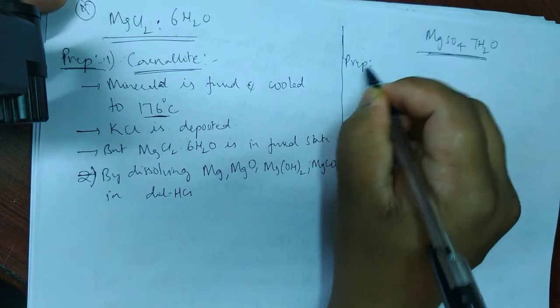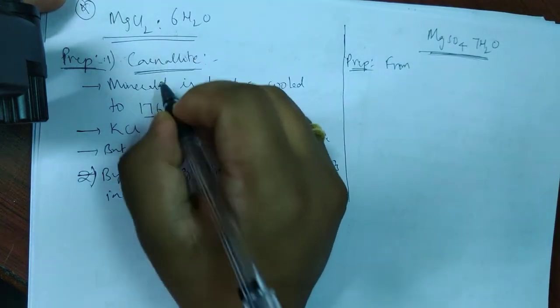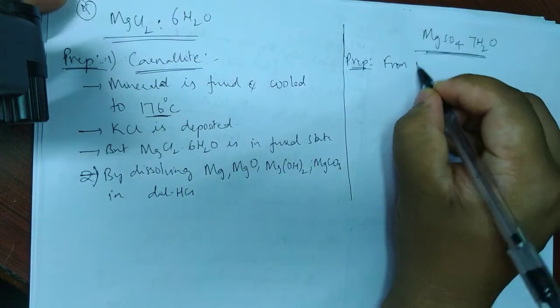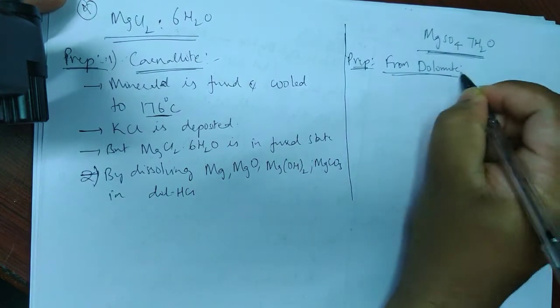It also has two simple methods of preparation. This was from carnallite; what could this one be? From dolomite. Yes or no?